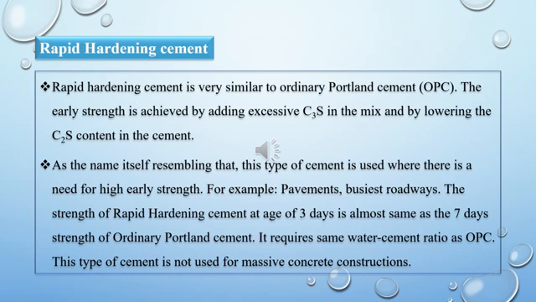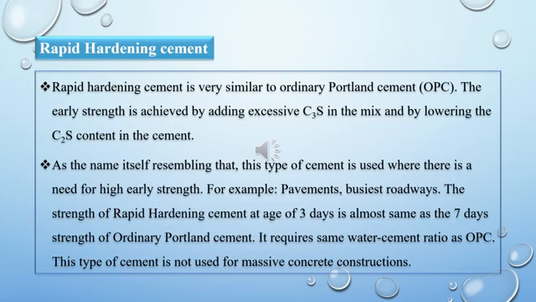As the name itself suggests, this type of cement is used where there is a need for high early strength, for example pavements and busiest roadways. The strength of rapid hardening cement at the age of 3 days is almost the same as the 7 day strength of ordinary Portland cement.